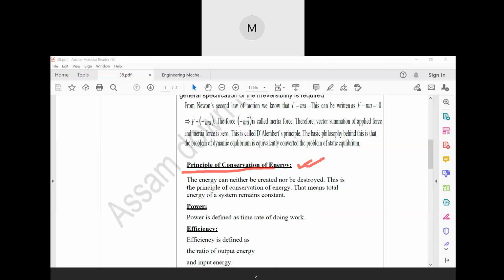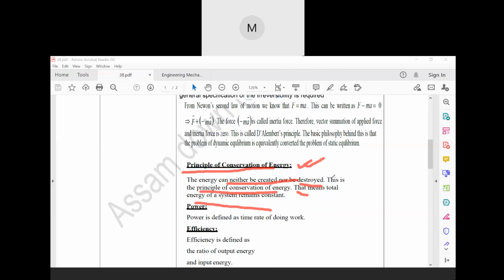As per principle of conservation of energy, it means that the energy can neither be created nor be destroyed. That means the total energy of the system remains constant.